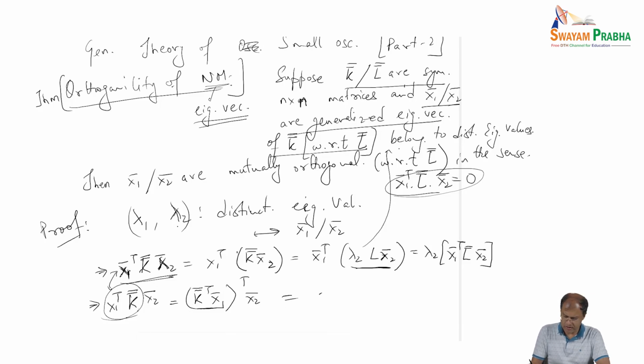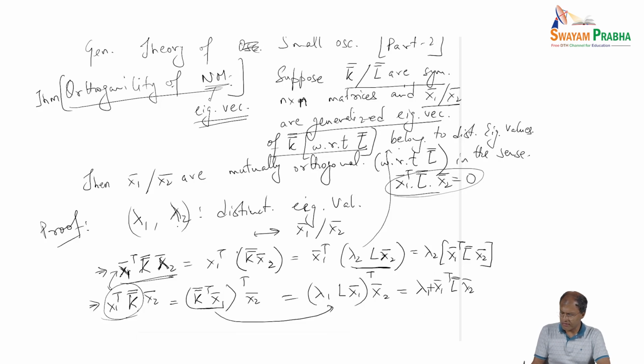So we see that this is equal to lambda 1 times Lx1, and times x2. Further, this comes out to be lambda 1 times x1 transpose L x2.